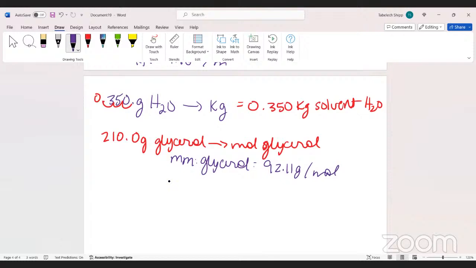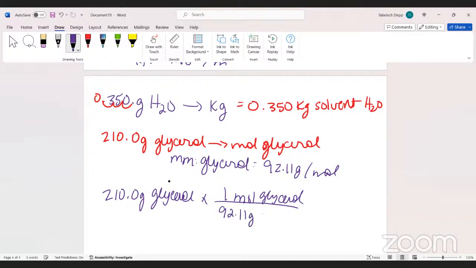So watch me as I do this next step. 210.0 grams of glycerol times, on the very top, I'm going to put 1 mole of glycerol. Rather than writing out that whole formula, you can just write the name of the formula. And on the very bottom, 92.11 grams of the glycerol.